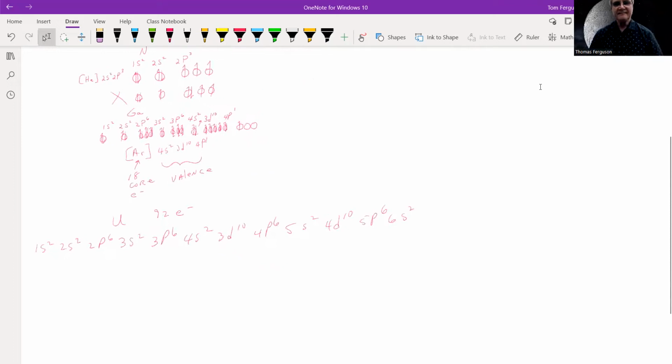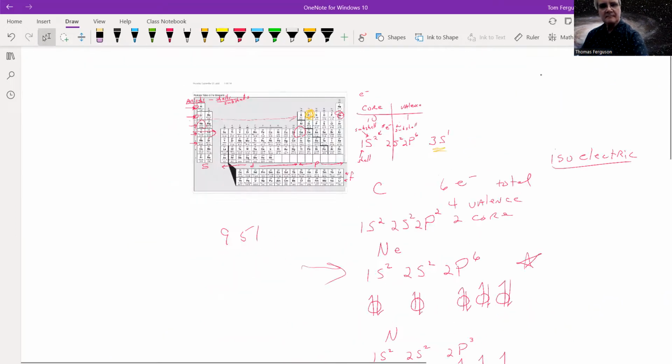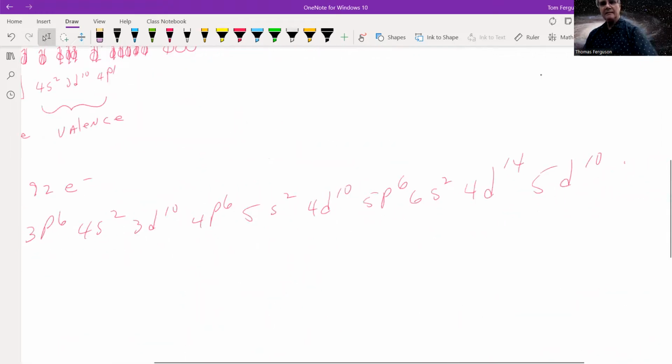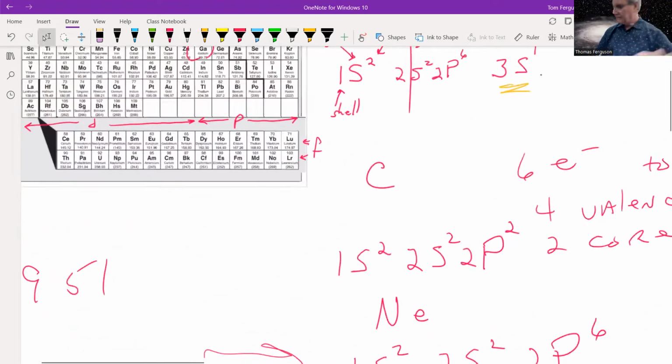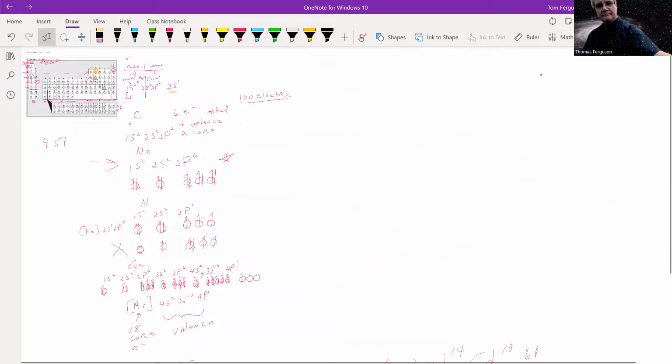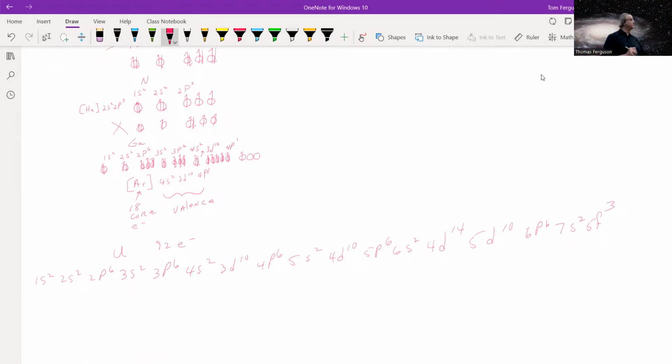I'm running out of space. Okay, so that's the configuration for uranium.